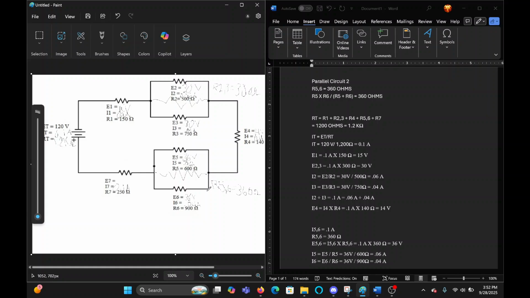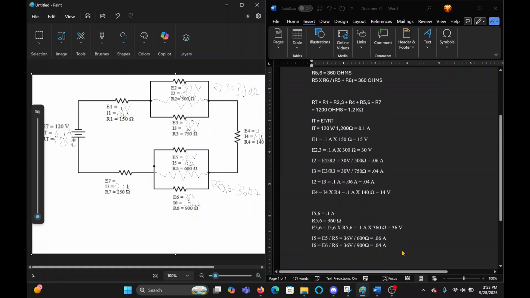And then I6 equals E6 divided by R6, equals 36 volts divided by 900 ohms, equals 0.04 amps. Okay, I got you. So that totals 0.1 amp.